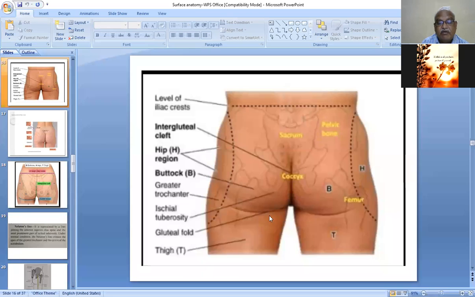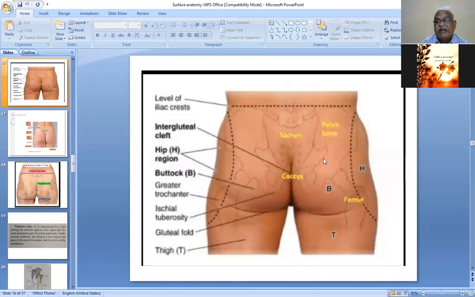So this is the gluteal fold. Then this is the thigh. This is the buttock. This region is called the hip region. So if you mark like this: this is the hip region, this is the buttock region, this is the thigh region.